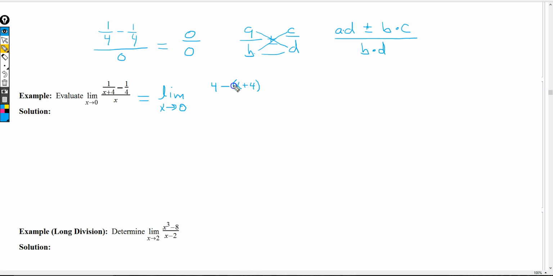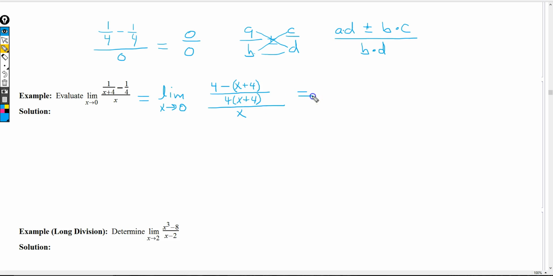Remember to put your parentheses around like that, so it's minus x minus 4. And then divided by 4 times x plus 4. All of that divided by x.